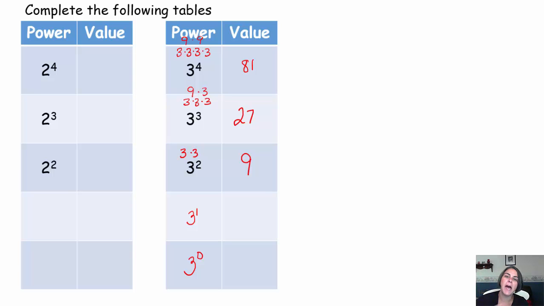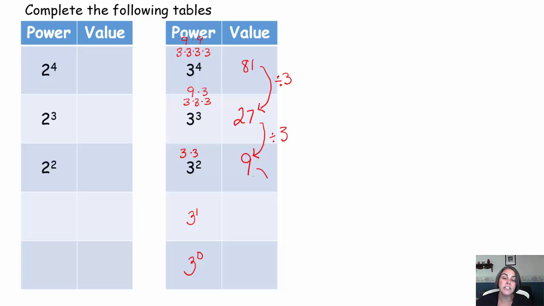I'm actually going to look at a pattern going down this table. Do you have any idea how to get from 81 to 27? And then from 27 to 9? We can actually use a division here. 81 divided by 3 is 27. If you don't believe me, check it on your calculator. 27 divided by 3 is 9.